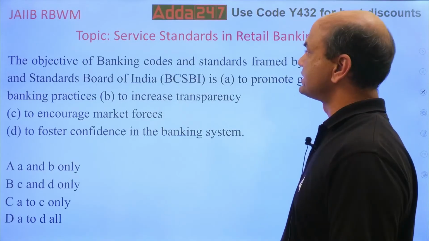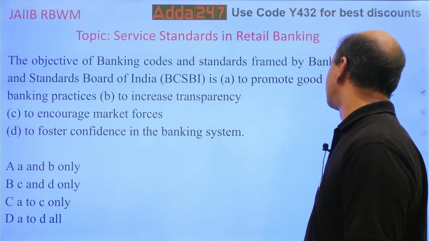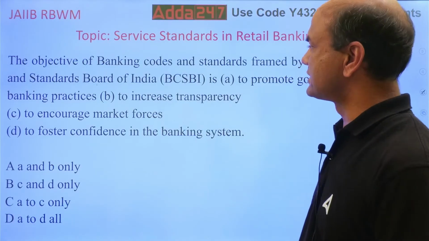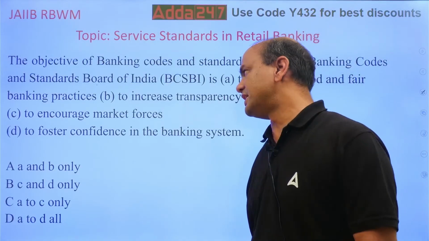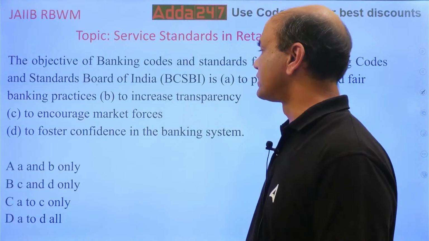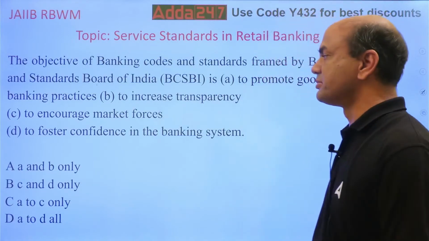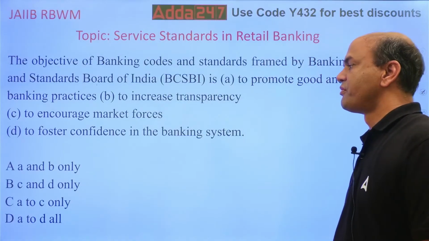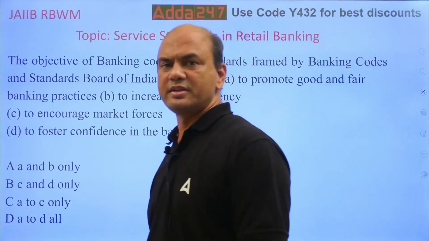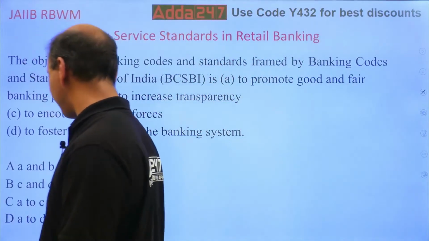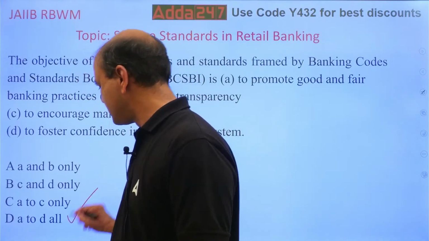The objective of BCSBI is: A, to promote good and fair banking practices; B, to increase transparency; C, to encourage market forces; D, to foster confidence in the banking system. The answer is A to D, all.